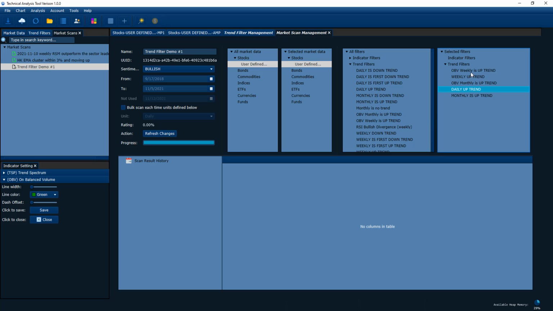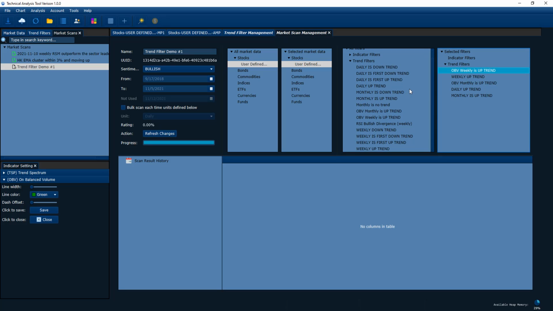On top of that, I also want the monthly On Balance Volume indicator to be in uptrend. To give the best, also give me the weekly OBV is uptrend as well. Because I created all of those filters, I can just select them here. If you don't, basically what you do is just double click the items found here, and it goes to the right.